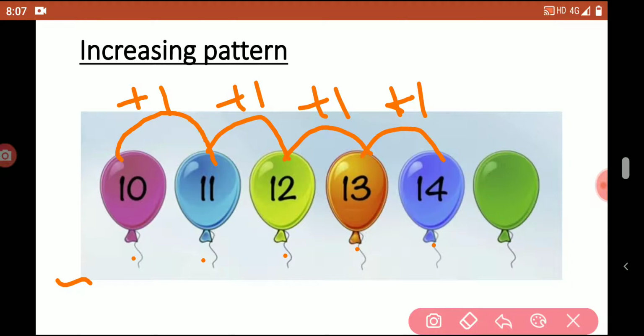So what will come next? Yes, we add 1 with 14 and there is 15. So in this example, the pattern of plus 1 is followed.